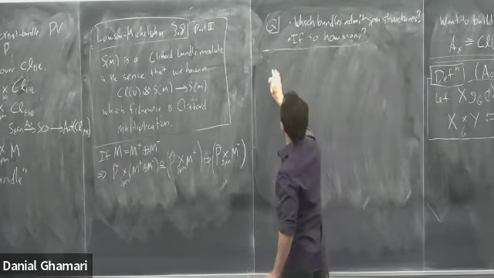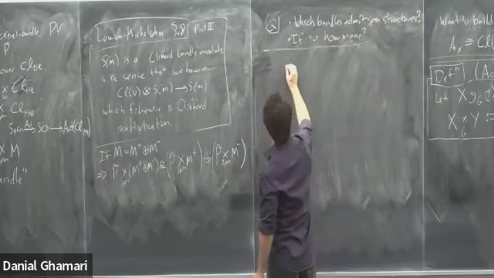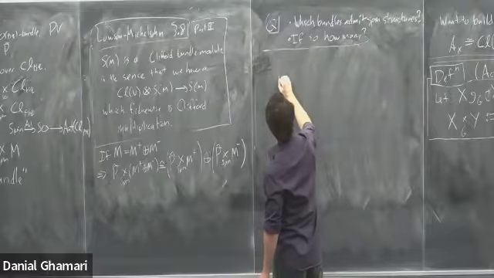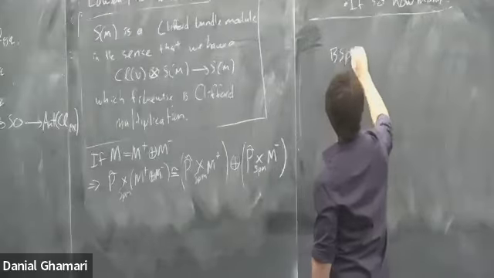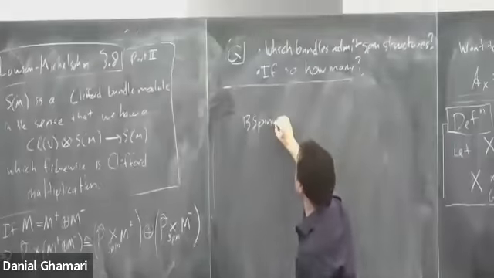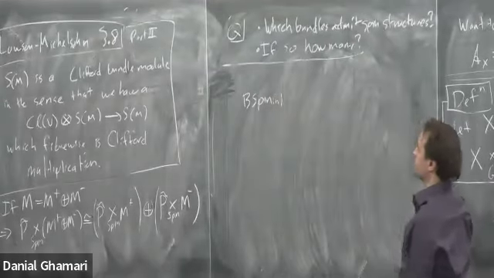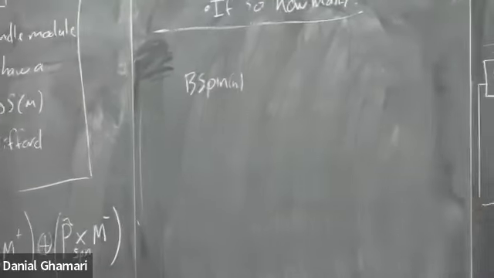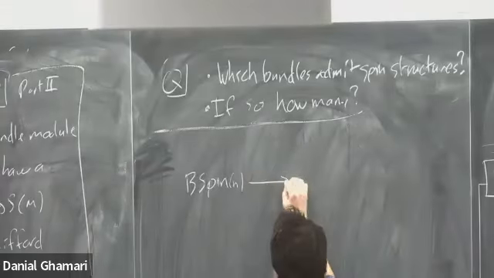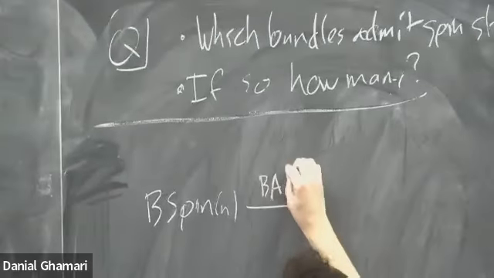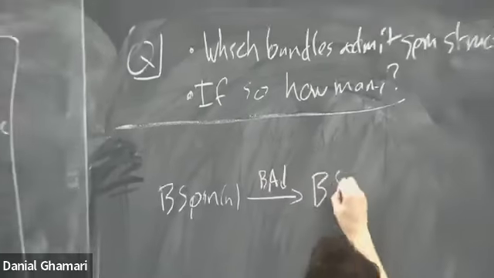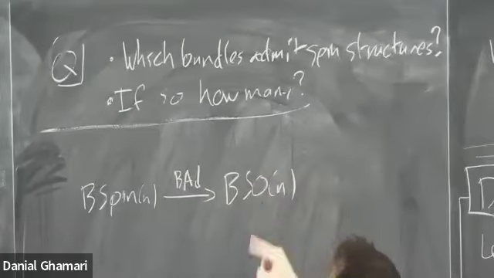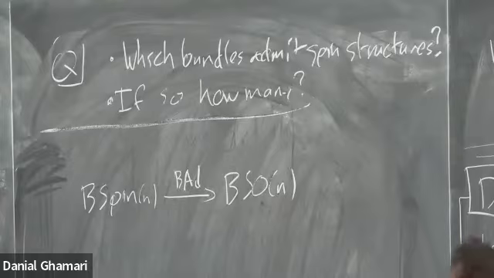Okay, so here's an example of a spin structure. If we have B spin N, the classifying space for principal spin N bundles, we have a canonical map, which is B of the adjoint map, to B SO N, the classifying space for oriented n-plane bundles.